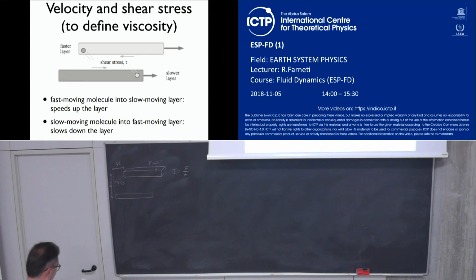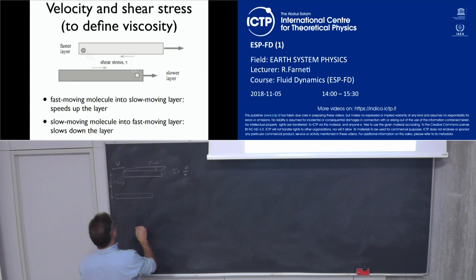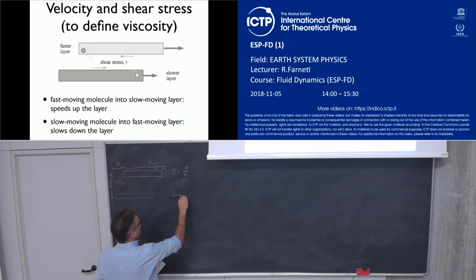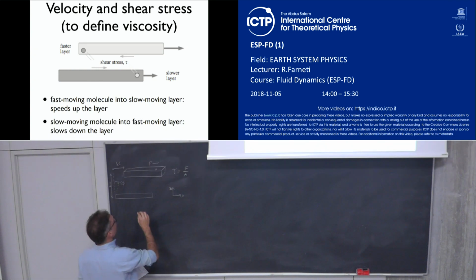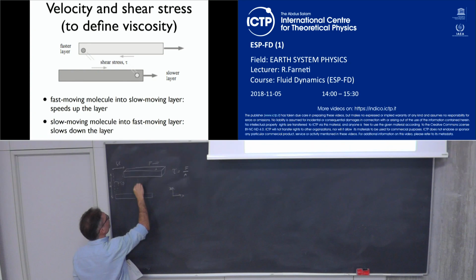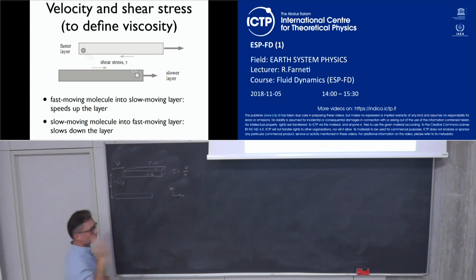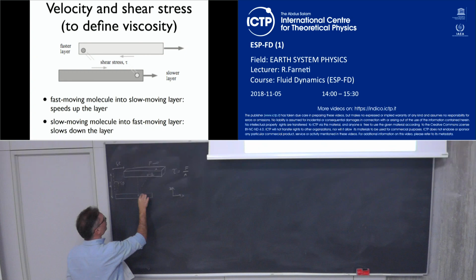The coordinates could be three-dimensional, it doesn't matter. The velocity of the fluid at the top is u naught, given by the shear stress at the surface, and the bottom plate is fixed, so u at the bottom is equal to 0.